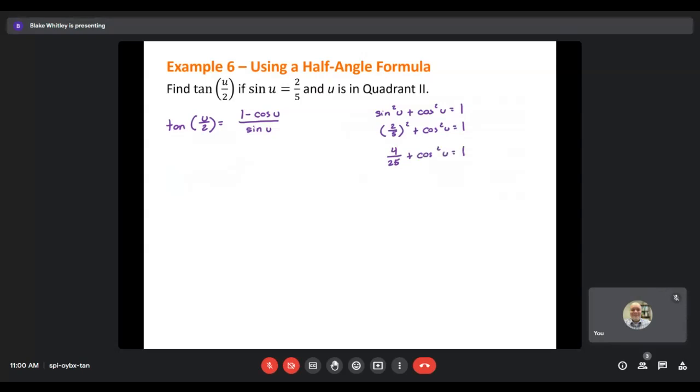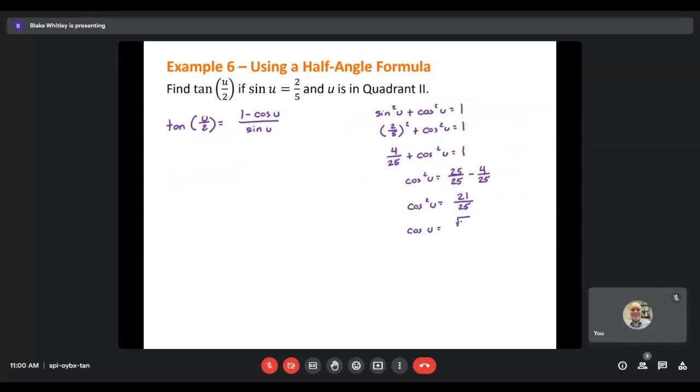And now I need to subtract. So we're going to get cosine squared. We need a common denominator here, so that's going to be 25 over 25 minus 4 over 25. So cosine squared is 21 over 25. And now we take the square root of both sides.